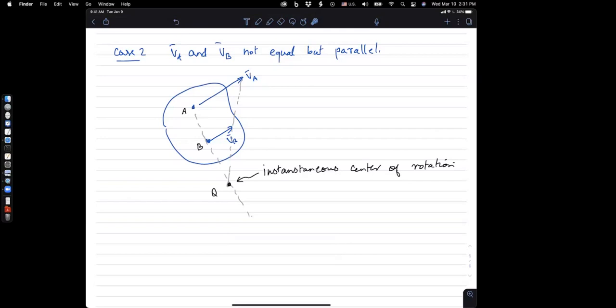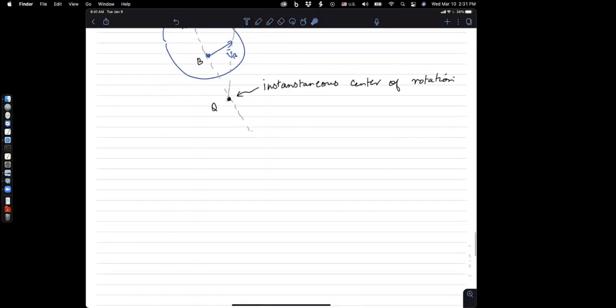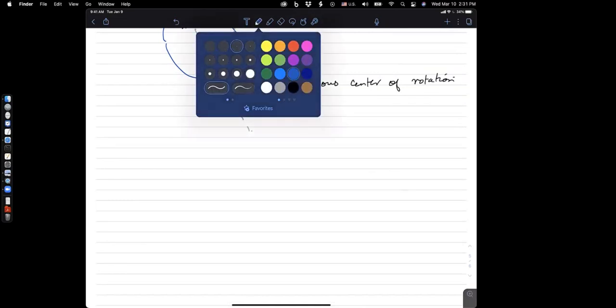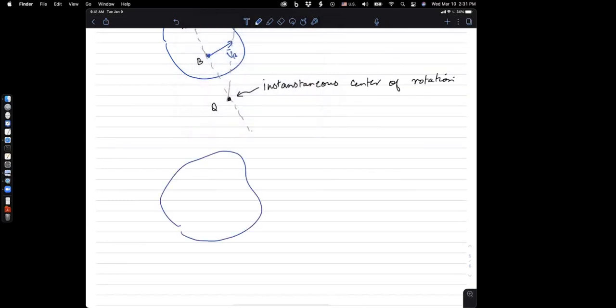Emily asks if VA and VB are equal in magnitude but opposite in direction, does this work? Great question. Let's do that. And it works, yeah. So if you have A and then B, they can be equal or unequal. So let's just make it unequal potentially.